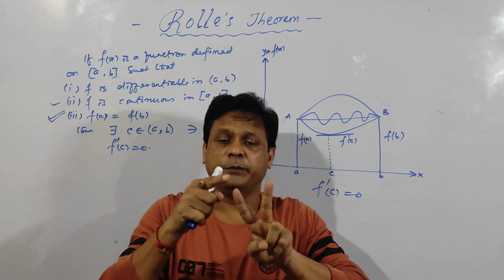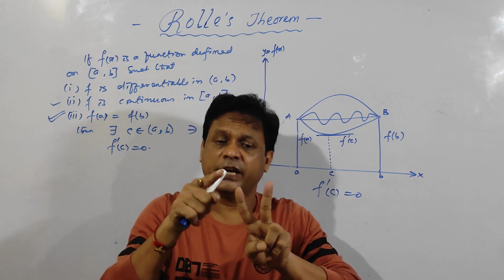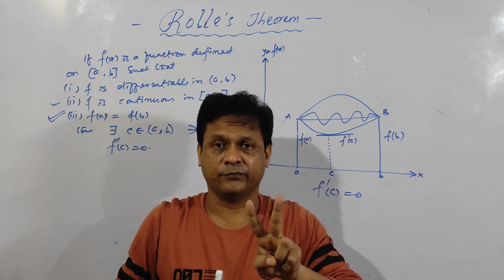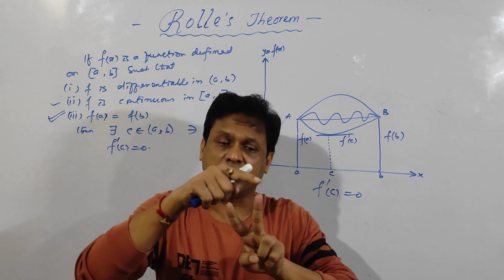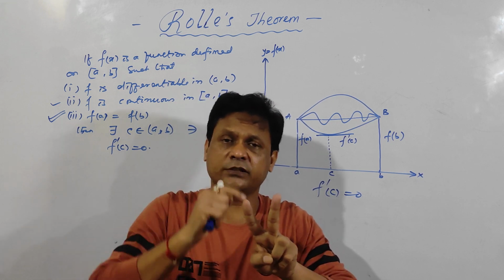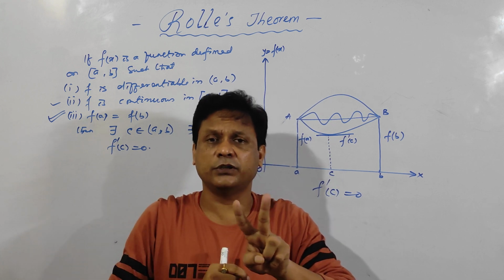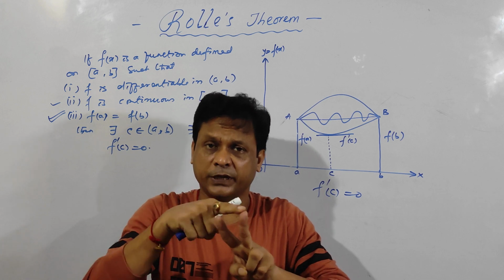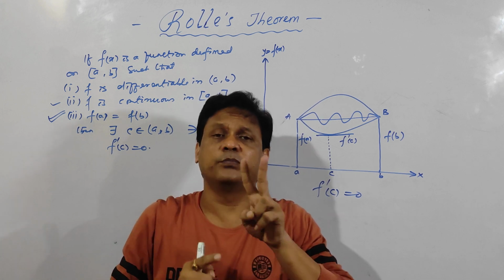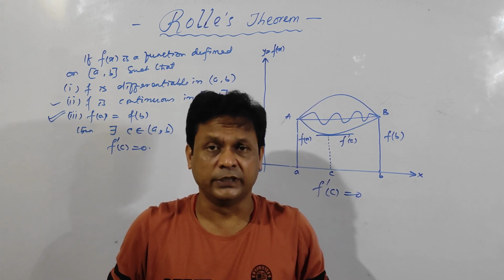See here. If f and g are two functions, and the two functions are continuous, then f plus g is continuous, f minus g is continuous, f by g is continuous, f into g is also continuous. Clear? The sum, difference, product and quotient of two continuous functions is also continuous.